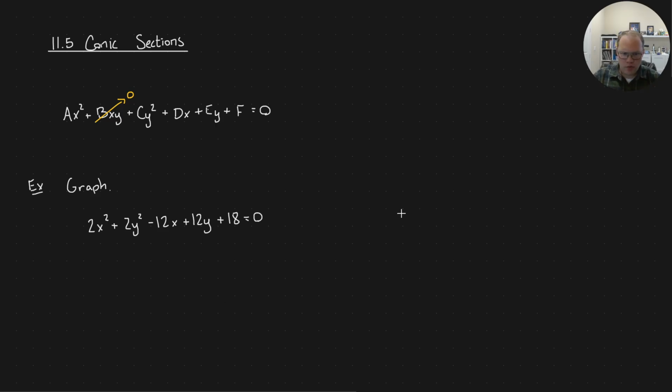So the standard form for an ellipse, I have, it's x minus h squared over one number squared plus y minus k squared over another number squared equals 1. Okay?